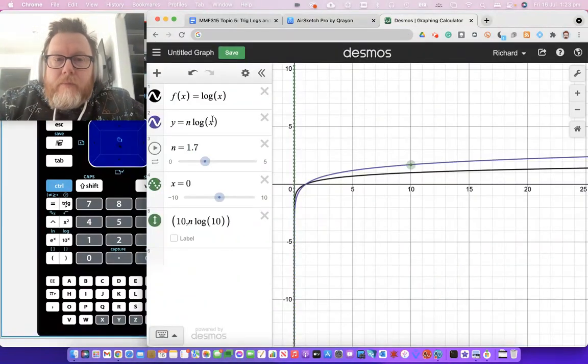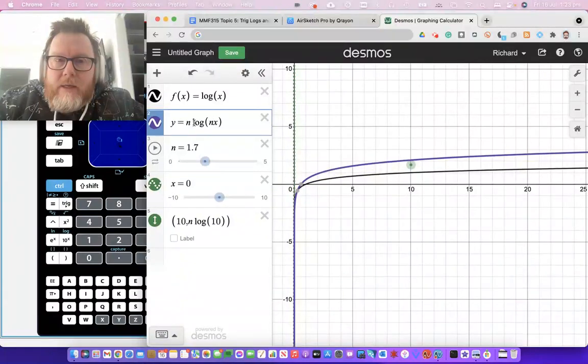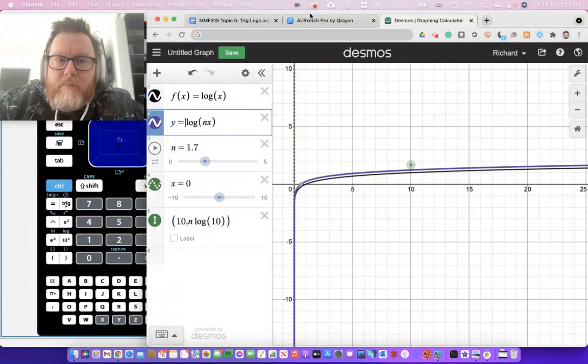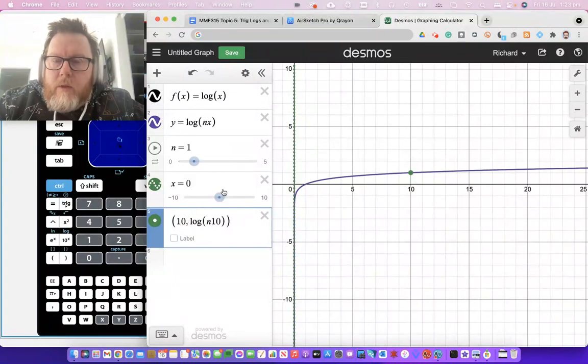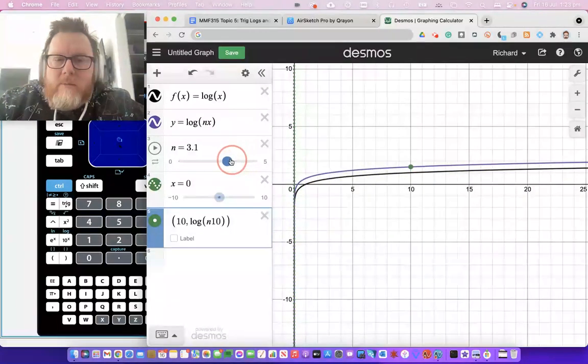Last one. Let's pop the n in here instead. Remove it from here. Bring it back to 1 to start with. And we'll pop the n in here as well. Okay, so as I increase n, it looks like it's doing the same thing, doesn't it?